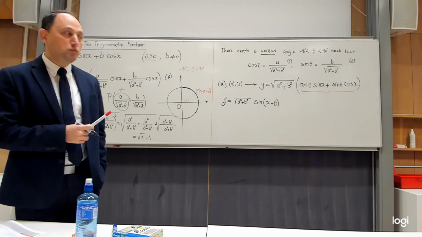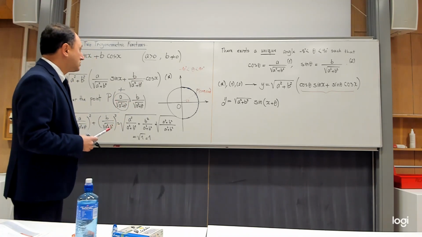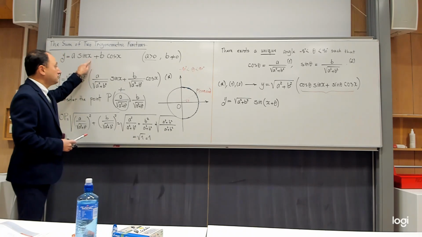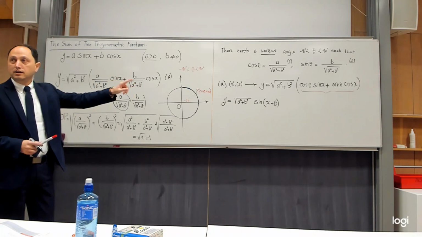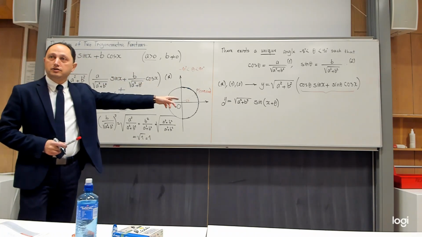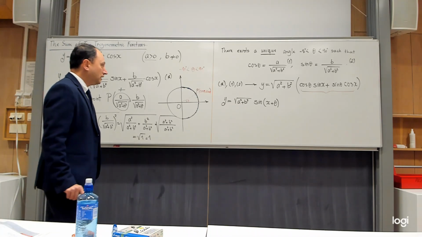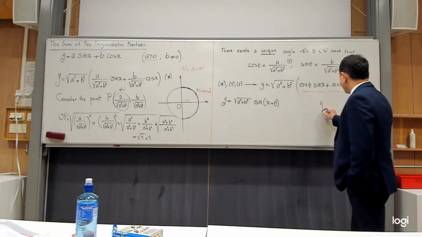And then answering questions regarding this function would be easy. Because if I ask a question about this function, you change it to that single sine function and then answer the question in that function, which is easier to work with, yes? For example, let us consider the question that we started from.